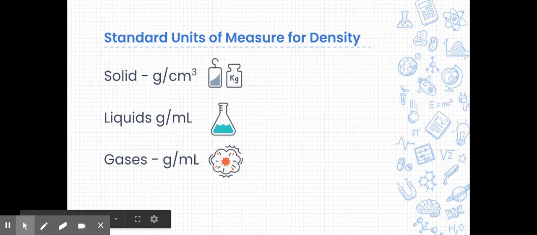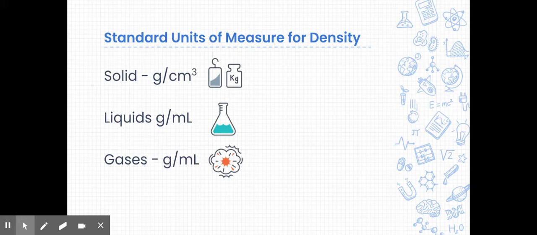So there are some standard units of measurement for density. When we're talking about a solid, its unit is grams per cubic centimeter. When we're talking about liquids or gases, it's grams per milliliter.